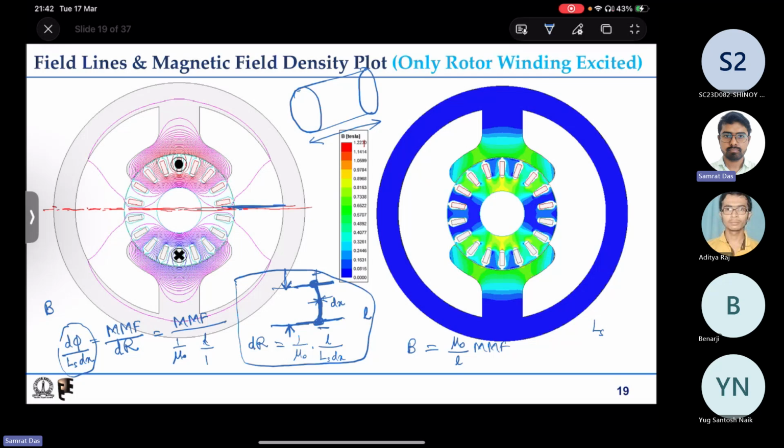If you assume the total flux path, and you know what part of mmf gets dropped between these 2 points, then H into L is nothing but the mmf. So H equals mmf by L, and if you want to get the B, then you have to multiply by mu naught. So mu naught into mmf by L. This is the more correct way to get to this expression.